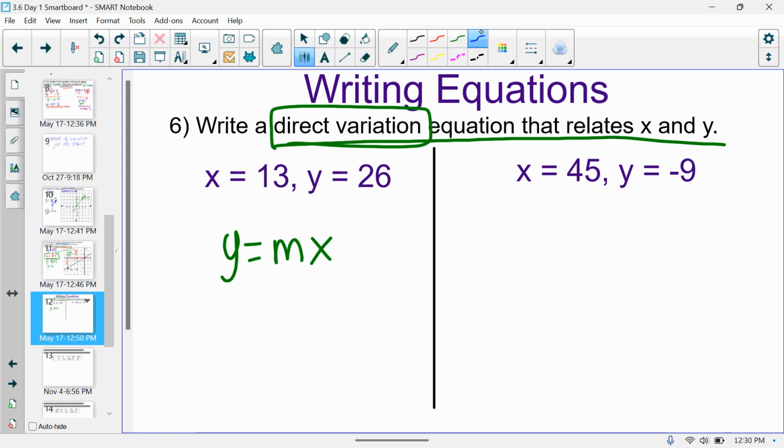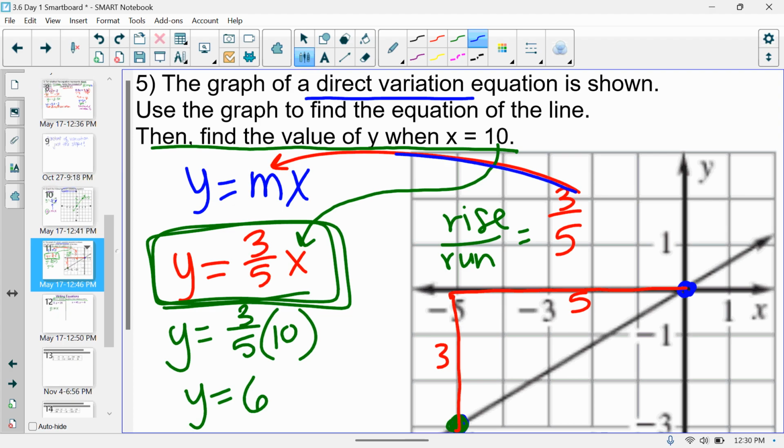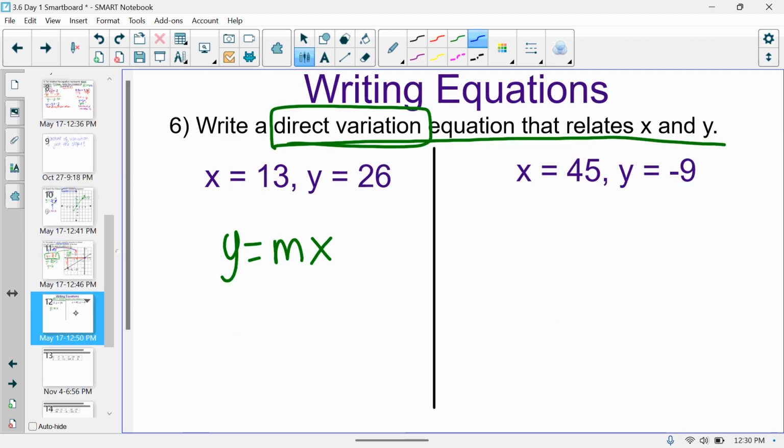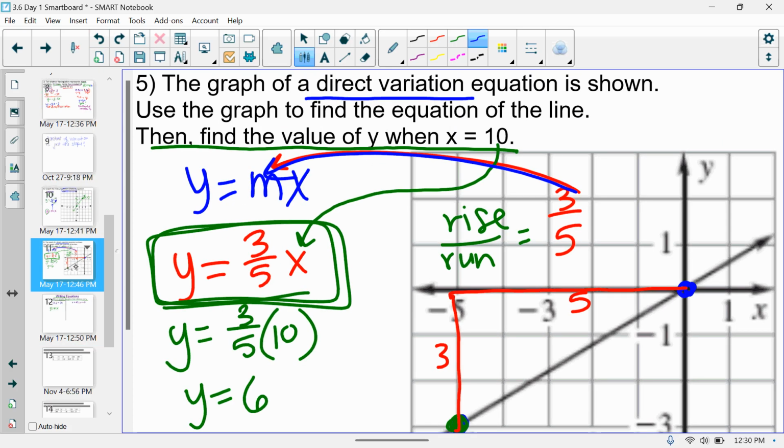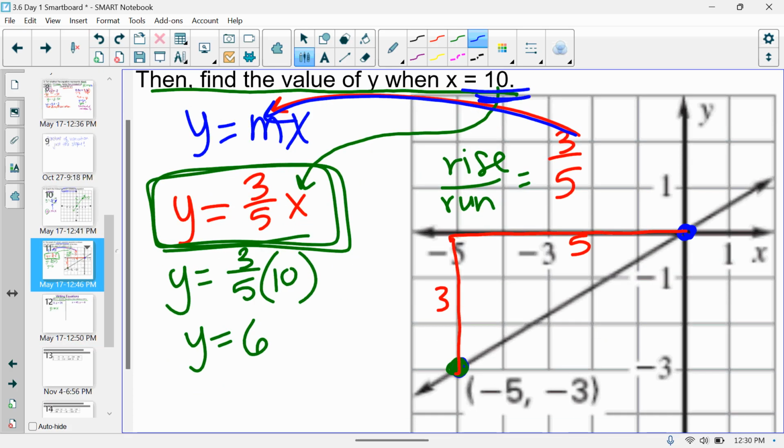So guys, to find out m this time, remember in the last one we could just count the rise over the run to find m. If we don't have a picture, we can't do that. This time we have an ordered pair. When x is 13, y is 26. Remember back on this one, how we knew when x was 10, we could fill it in to find y?